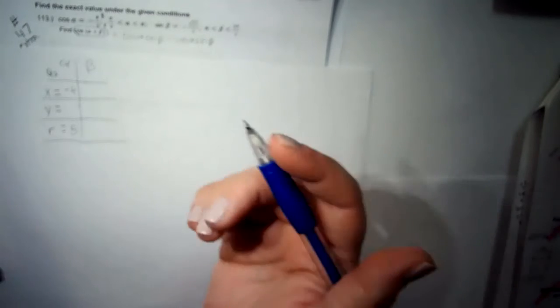Everybody got that okay? So now I'm missing y. How can I find y if I have x and I have r? X squared plus y squared equals r squared. So I'm going to have negative 4 squared plus y squared equals 5 squared.